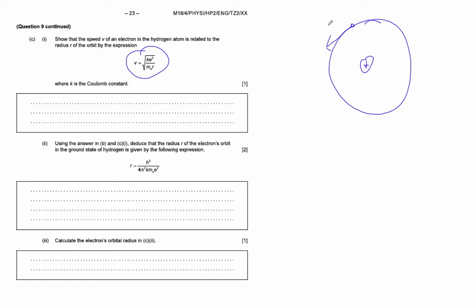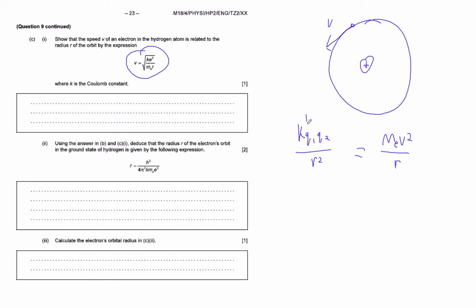We can say that the Coulomb force, kQ1Q2 over r squared, is equal to the centripetal force needed for it to go in its circular orbit, whether it's in a stationary state or not. This is the mass of this thing.